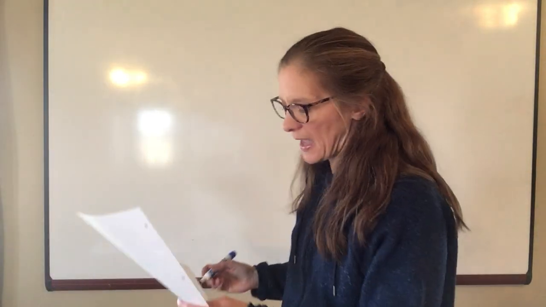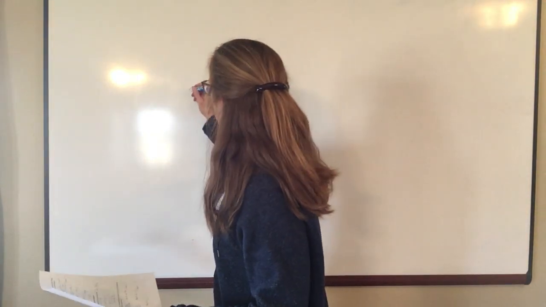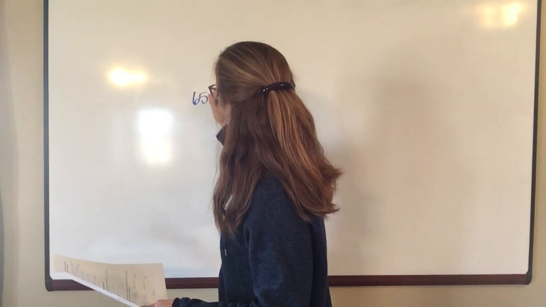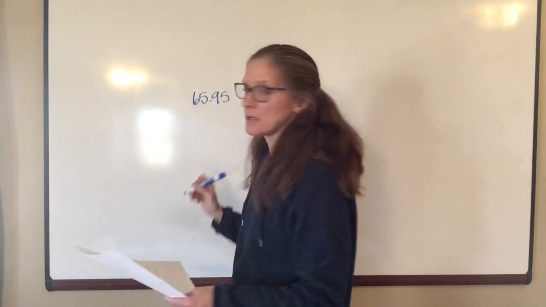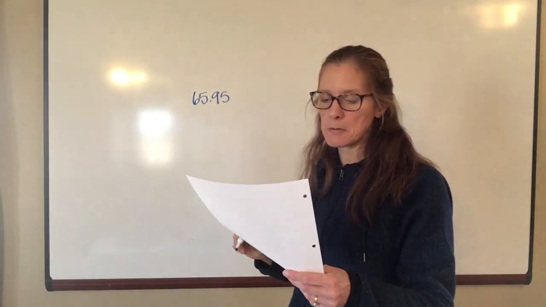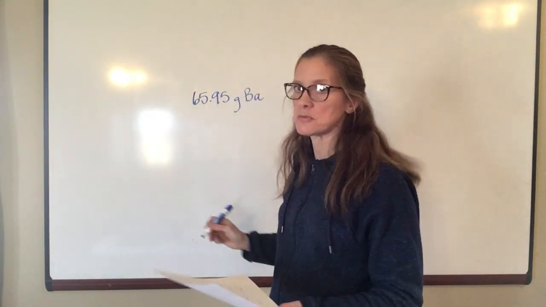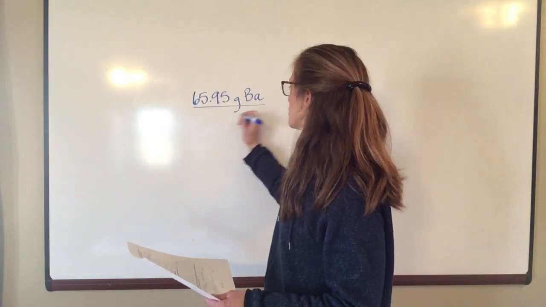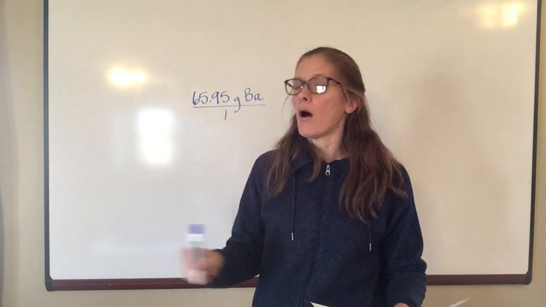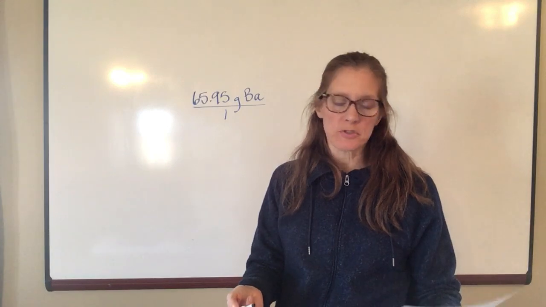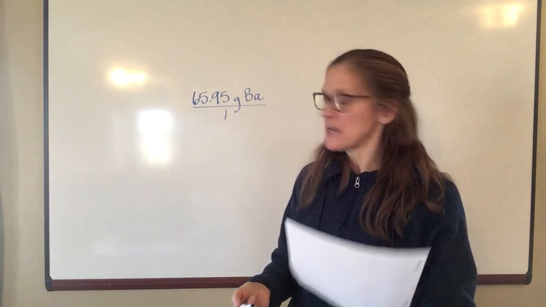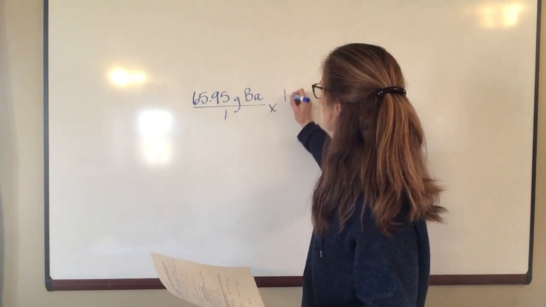So with that, the 65.95 percent barium, I'm going to make that grams of barium, assuming that I had 100 grams of sample. And just like we've done in almost all empirical formula problems that we've already done, I've got to take grams and convert it to moles.